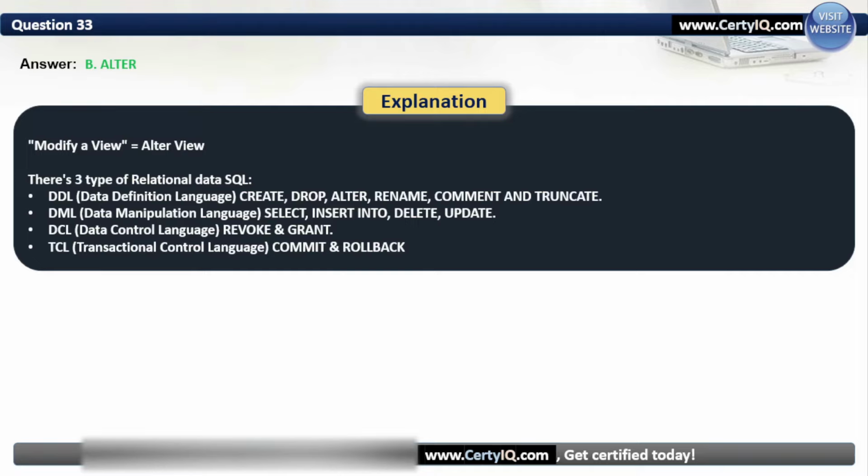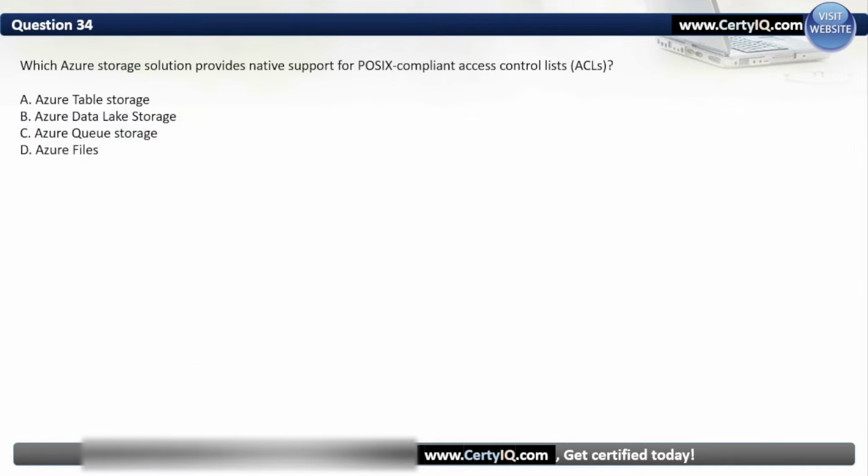There are three types of relational data in SQL: DDL, that is data definition language, DML, that is data manipulation language, DCL, that is data control language, and an additional TCL, that is transactional control language.